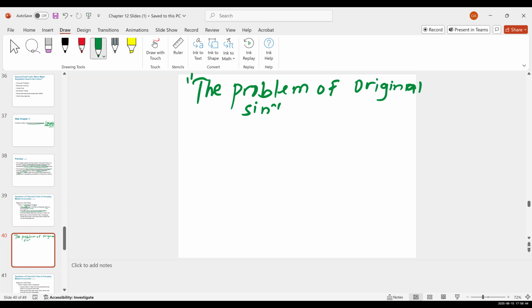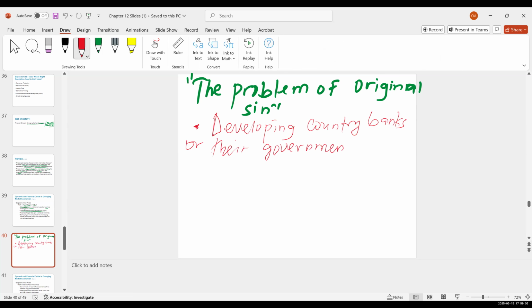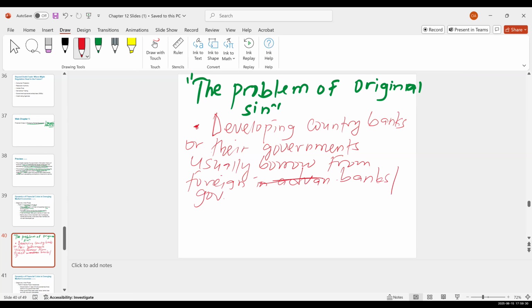So developing countries' banks, or their government, usually borrow from foreign banks or foreign governments in advanced economies.